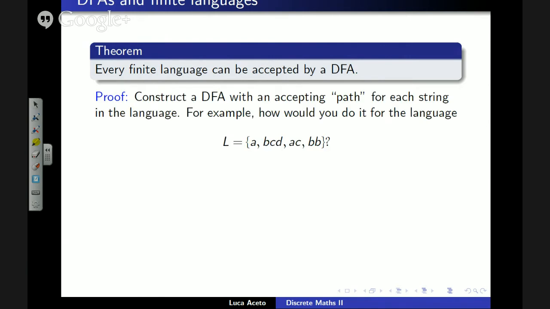So for instance, by way of example, it could be this set that you see on the slide that contains only 4 strings. Now these 4 strings are over the alphabet A, B, C, D. These are the letters that occur in these strings. Can you come up with a DFA that accepts this language?